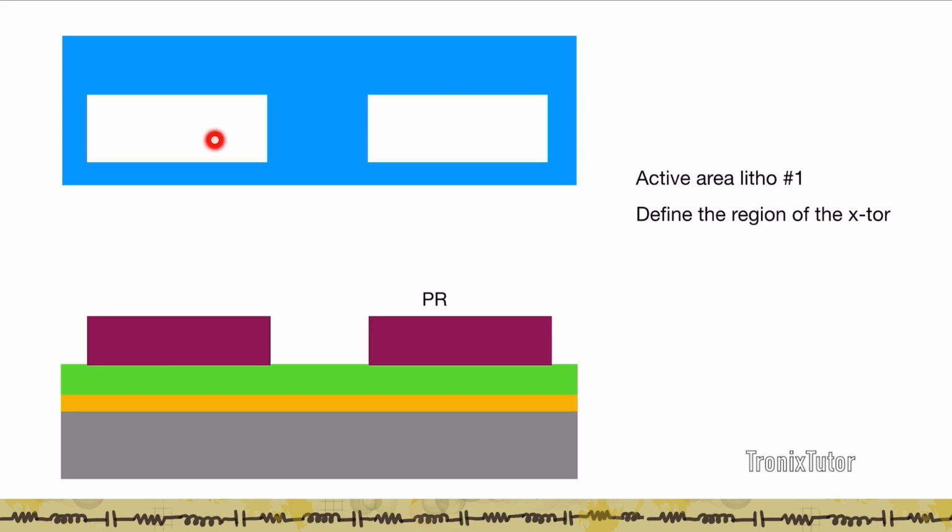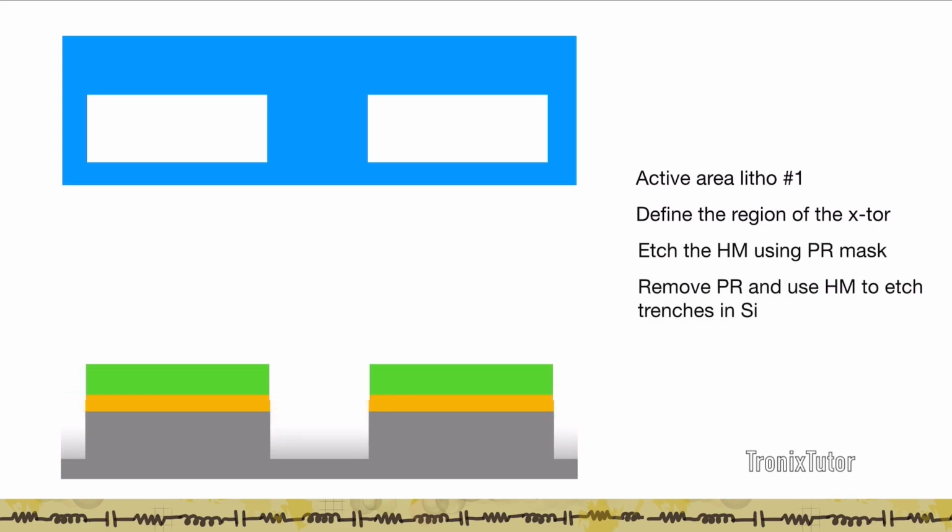This is known as the active region, and this is marking out the area where your eventual PMOS and NMOS are going to be located. Once this mask is exposed, you have photoresist covering the active areas of the device, and then you etch the nitride hard mask, followed by removal of the photoresist, and then you etch down trenches into the silicon.